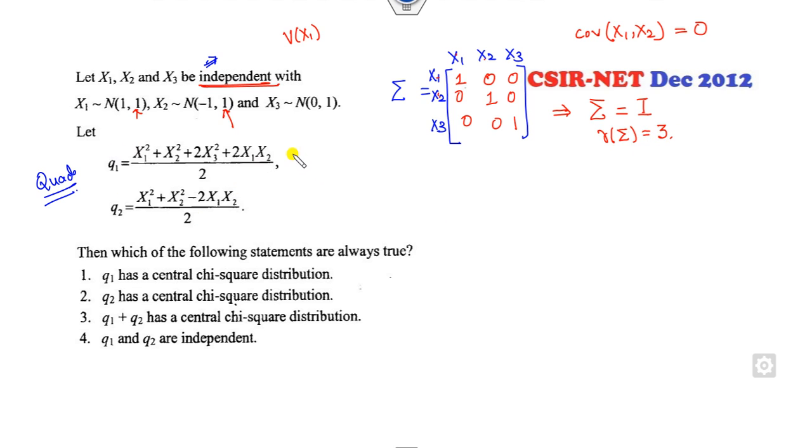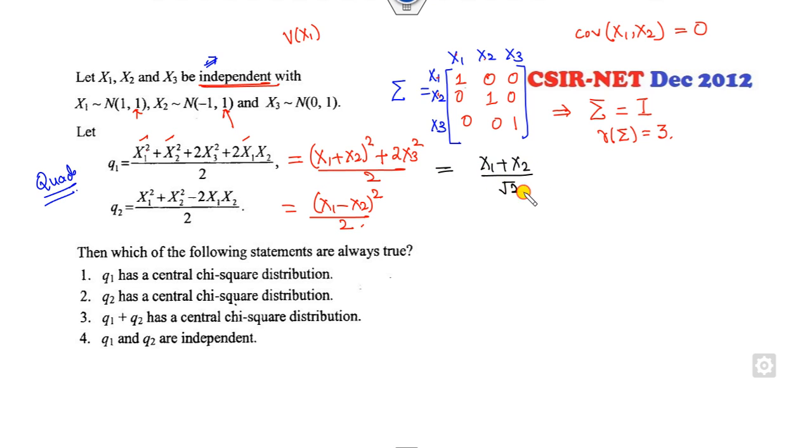Now you can see I can write this in terms of X1, X2 and X3: X1 plus X2 squared divided by 2, plus X3 squared. Now X3 follows the normal distribution, so X3 squared will follow my chi-square distribution with 1 degree of freedom.